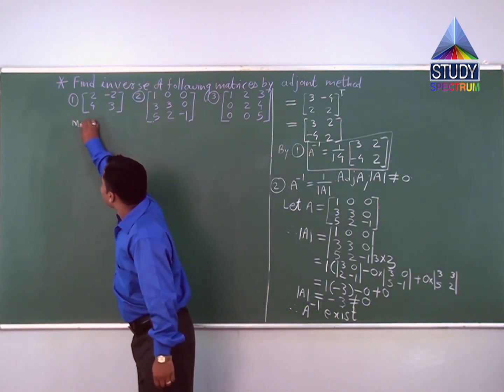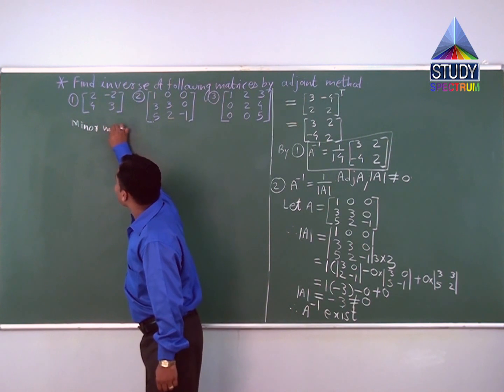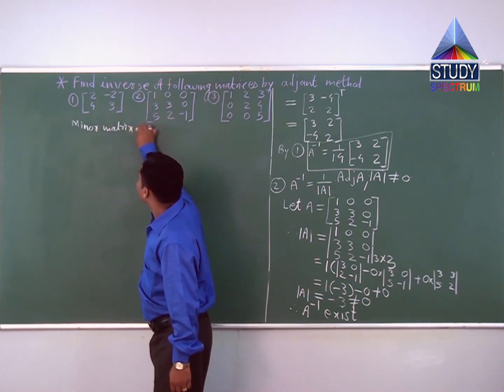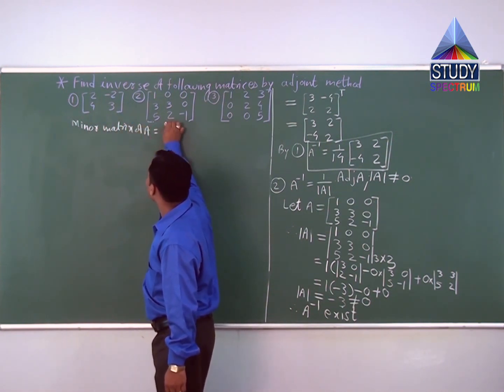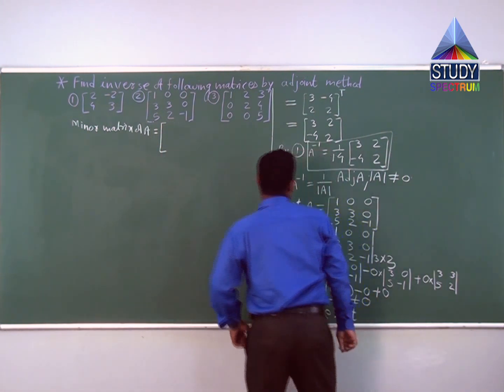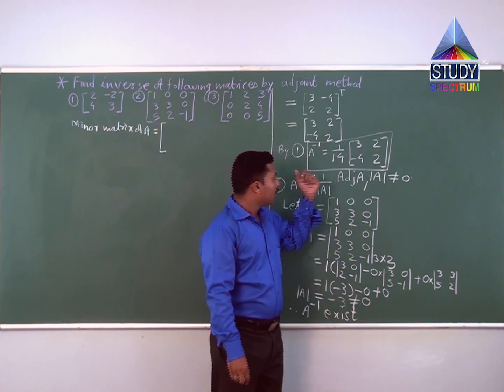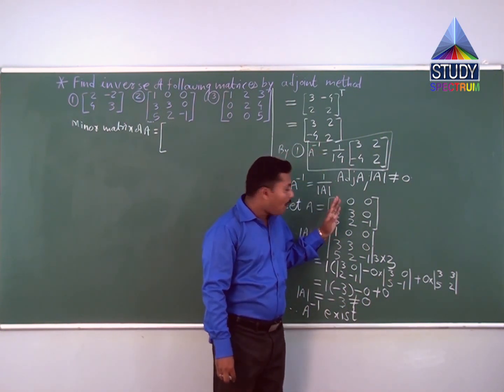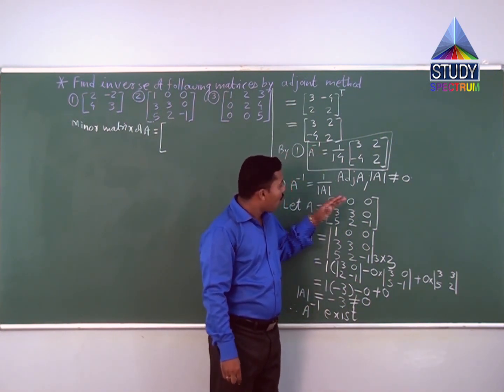Similarly we do for matrix B. Matrix B equal to first row 3 1, second row 4 5, and we want to apply R1 interchange by R2.